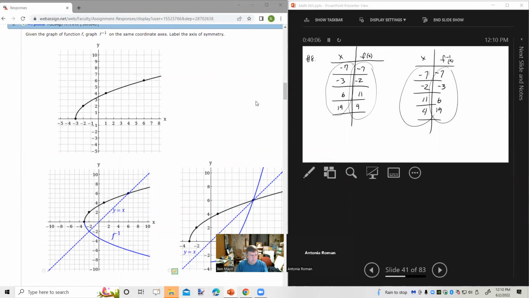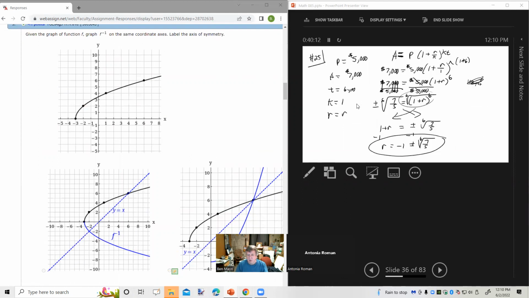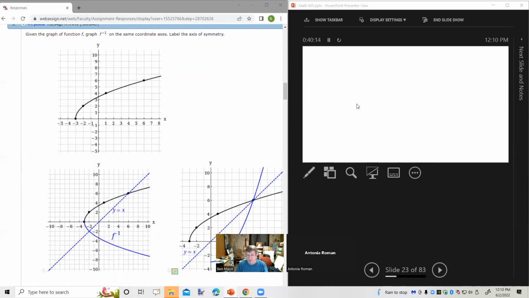Okay. Let's see here. What I'm going to do is go back here and use a grid that's not quite big enough, but I think it'll get the point across. So I'm not going to graph the entire thing. I'm just going to graph it between -6 and 6.